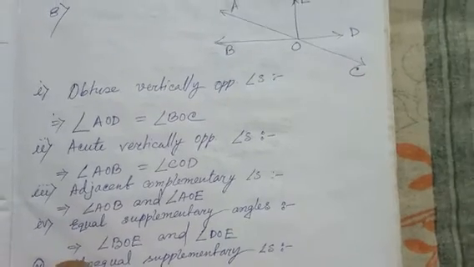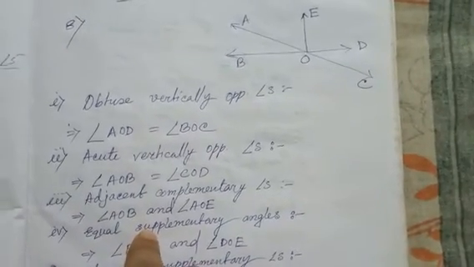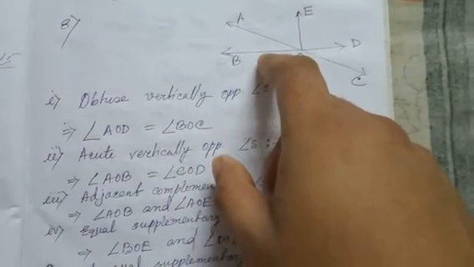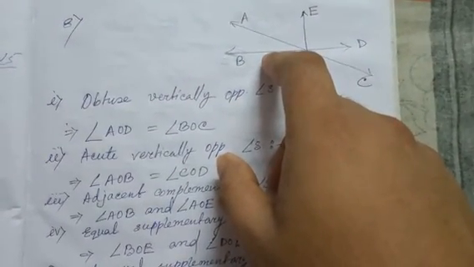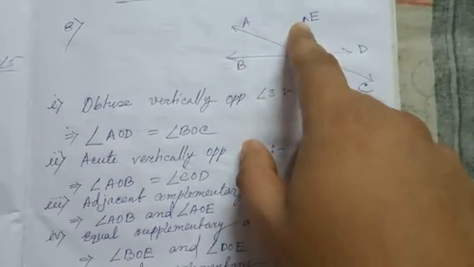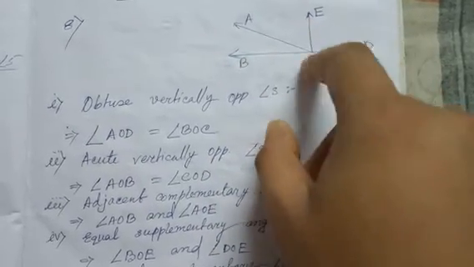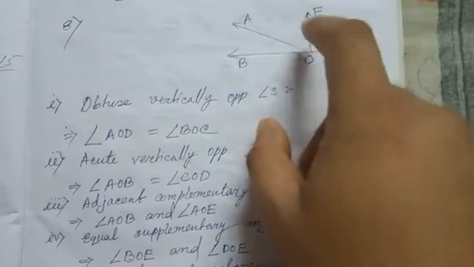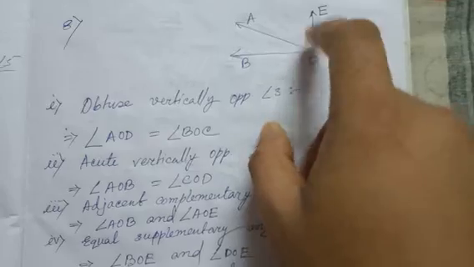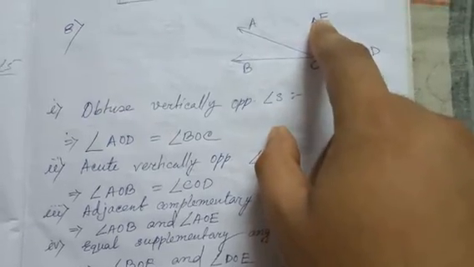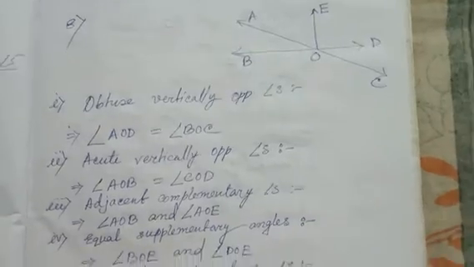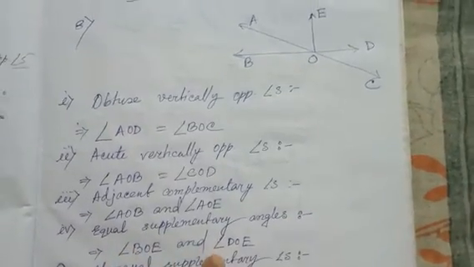Then equal supplementary angles. Supplementary means the total sum is 180 degrees. Angle BOE is 90 degrees and angle DOE is also 90 degrees. So the sum will be 180 degrees, 90 plus 90. Therefore angle BOE and angle DOE are equal angles and also supplementary angles to each other.